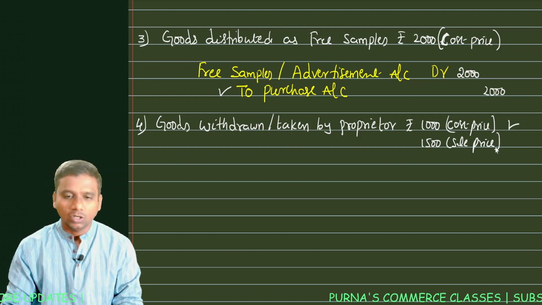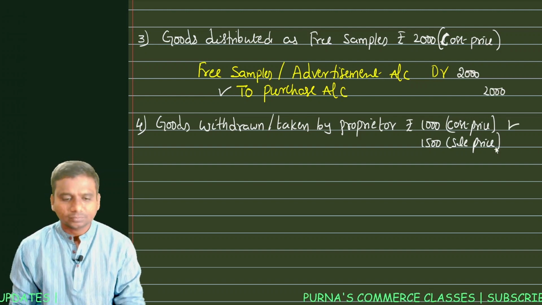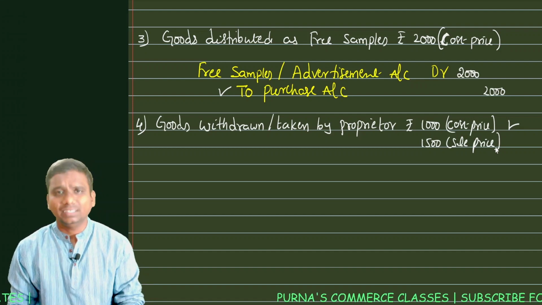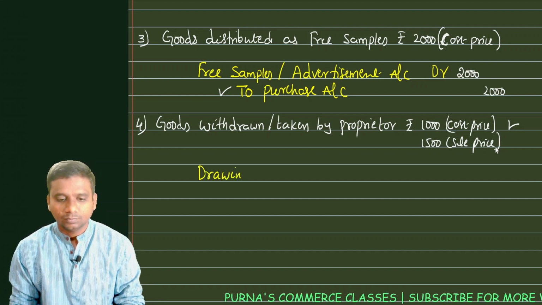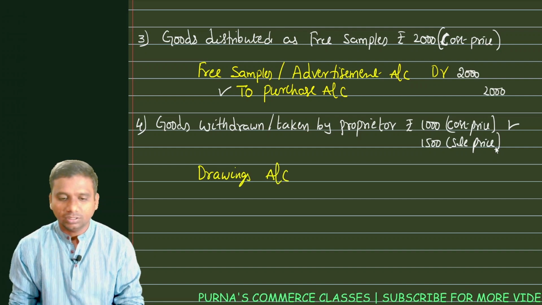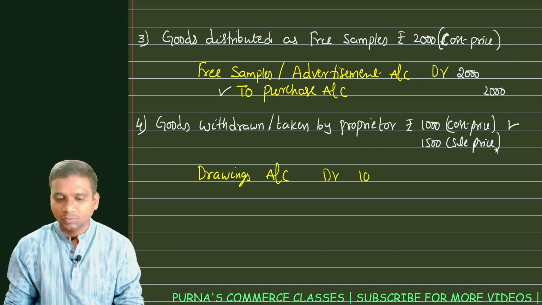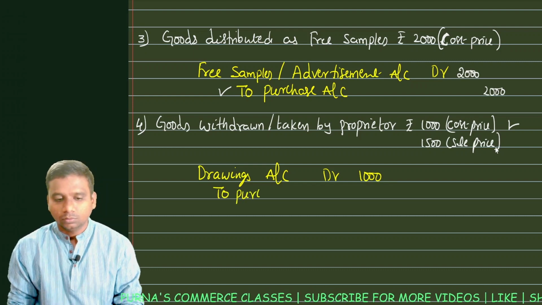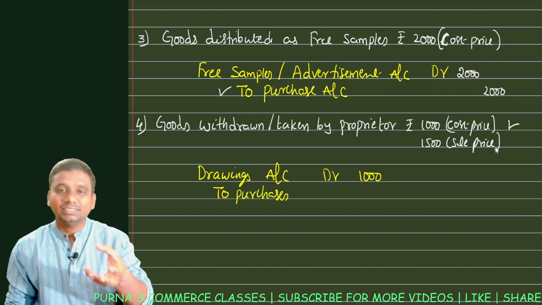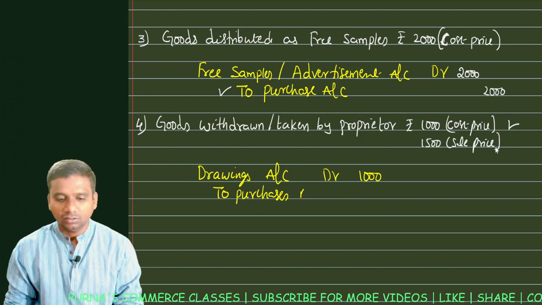Cost price, right? What is the entry for this? Whenever proprietor withdraws anything, then we debit drawings account. So, drawings account debit, how much? 1000.